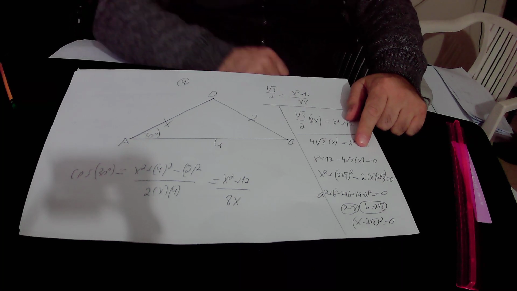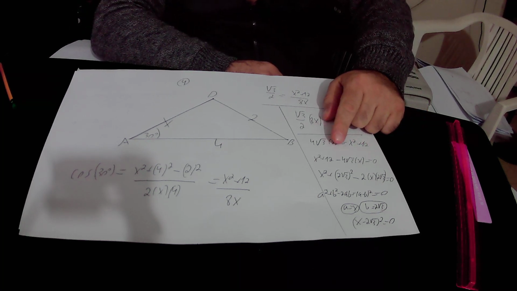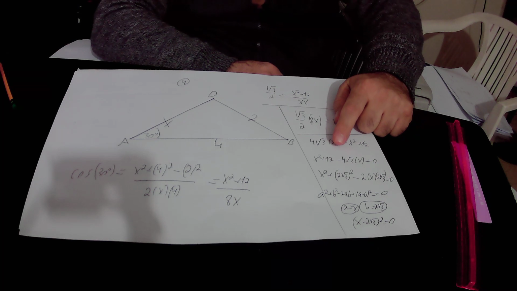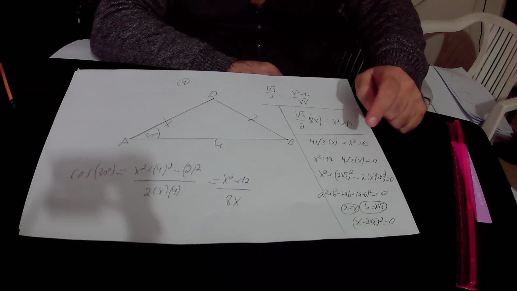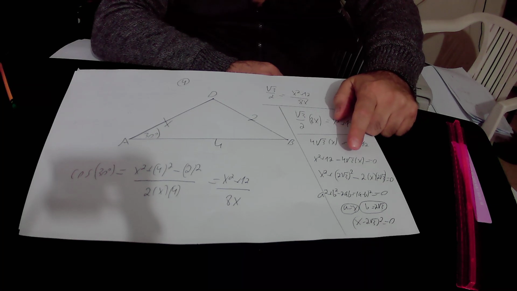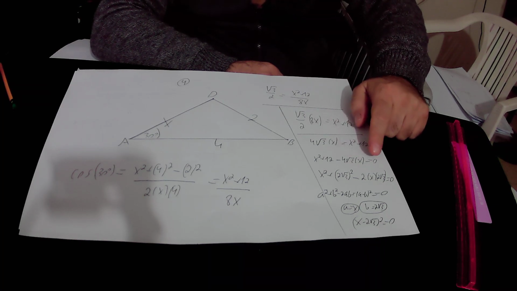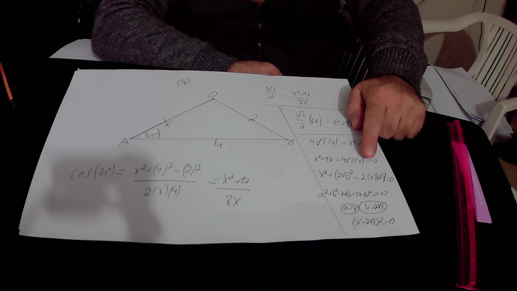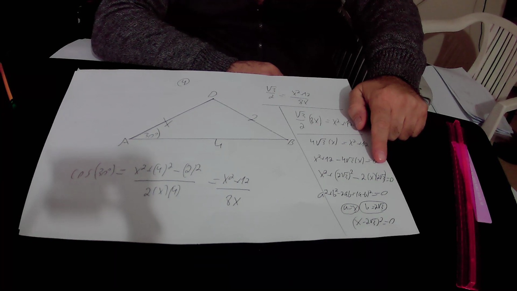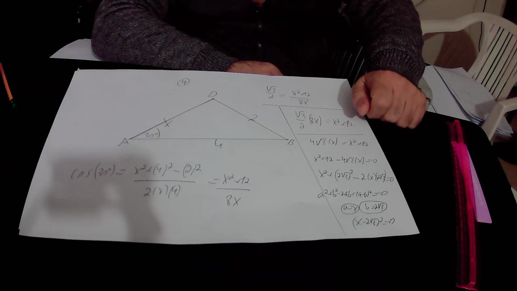And here we know that 12 is 2 times square root of 3 squared, so we substituted 12 by 2 times square root of 3 squared, and we substituted 4 by 2 times 2, so we got x squared plus (2 times square root of 3) squared minus 2 times x times 2 times square root of 3 equals 0.